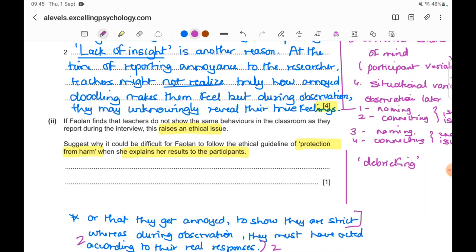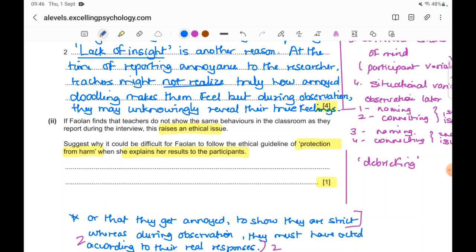It makes the participant feel like a person who cannot stand up for what he really is, and that might get converted into anger towards the researcher, out of the frustration he's feeling that the researcher has tricked or cheated him in some way, and had he known this is going to be the case, he would not have allowed the researcher to observe him. So you can talk about that also, but since it's just a 1-mark question, I think we should keep it as simple as we can.